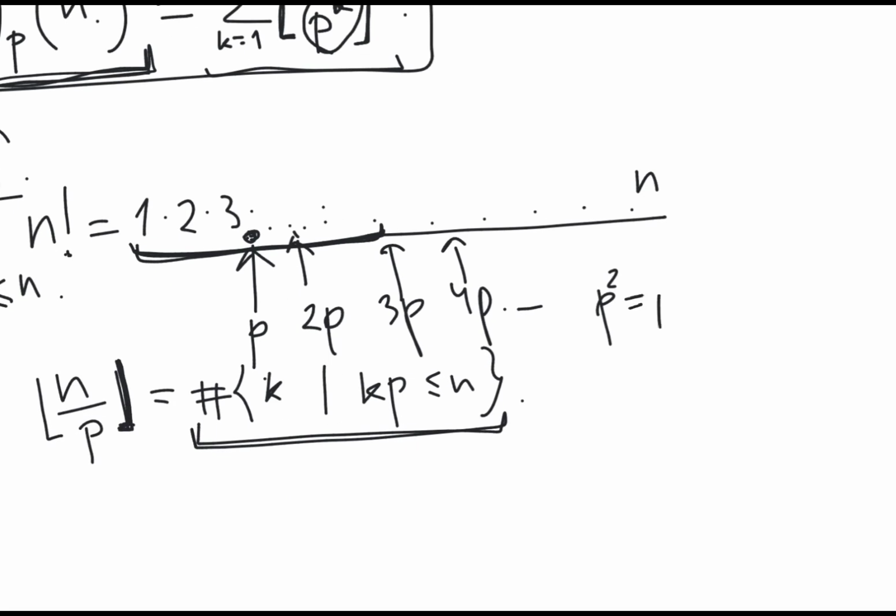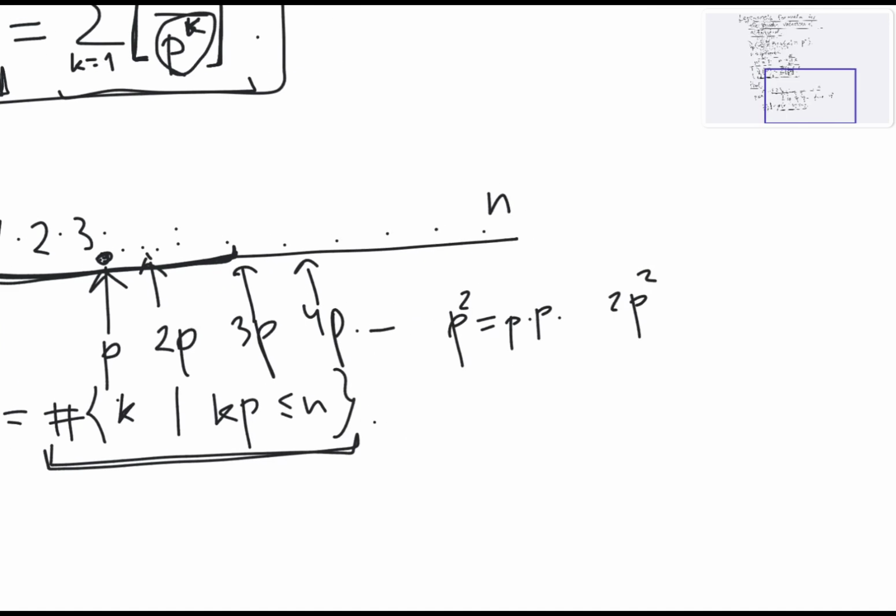So it contributes two factors of p to the divisors of n factorial, and so do 2p squared, 3p squared, and so on.